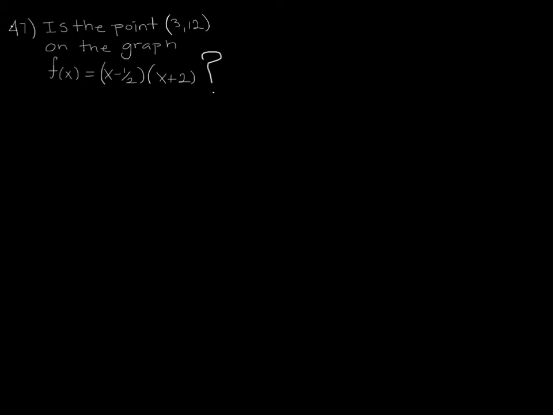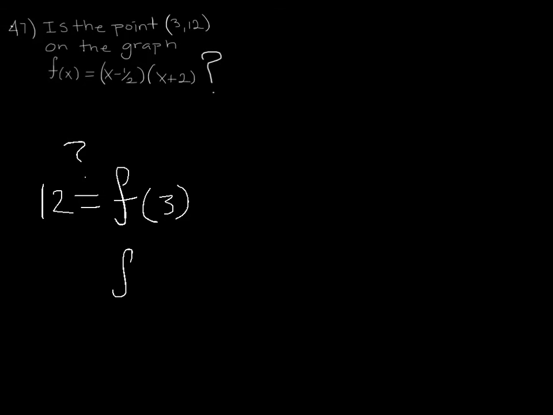Question 47 says, is the point (3, 12) on the graph f of x equals (x minus a half) times (x plus 2)? This is asking whether, if you plug in the value 3 to the function, you get out the value 12. Specifically, it's saying, does 12 equal f of 3?